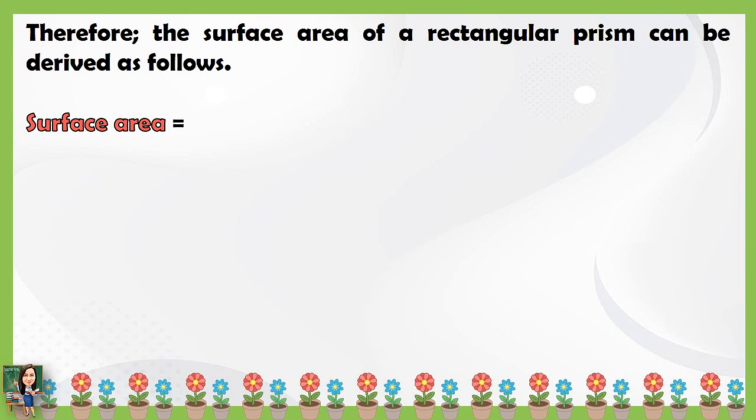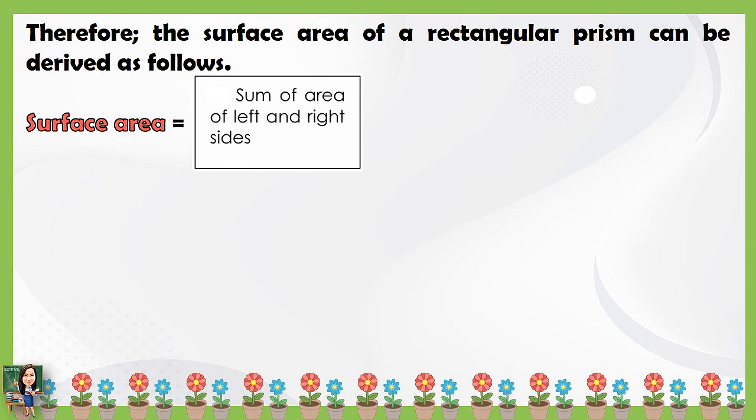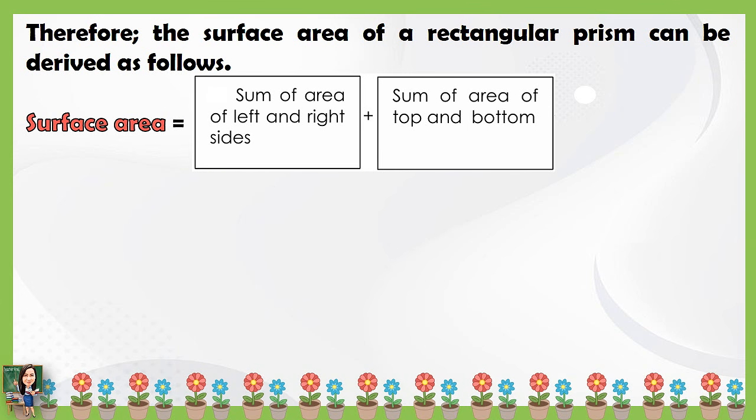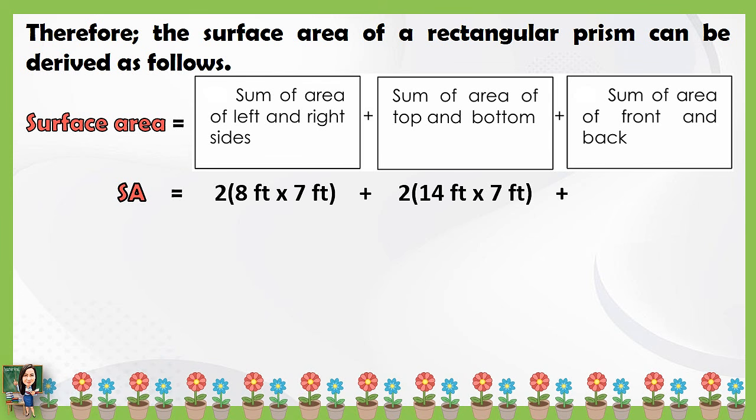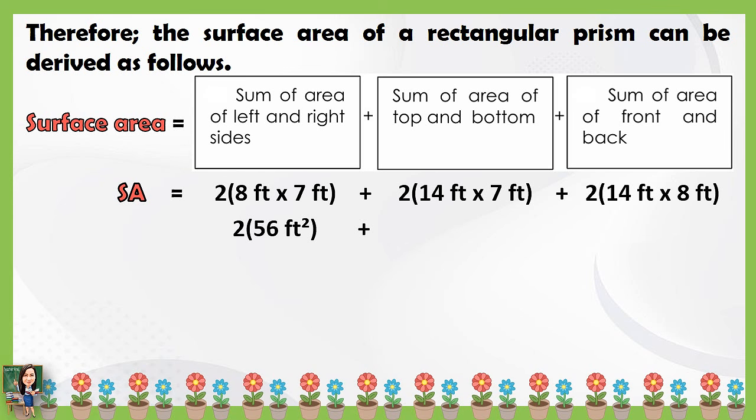Surface area equals the sum of the areas of the left and right sides, plus the sum of the areas of the top and bottom, plus the sum of the areas of the front and back, or 2 times 8 feet times 7 feet, plus 2 times 14 feet times 7 feet, plus 2 times 14 feet times 8 feet. 8 feet times 7 feet equals 56 square feet, plus 14 feet times 7 feet equals 98 square feet, plus 14 feet times 8 feet equals 112 square feet.